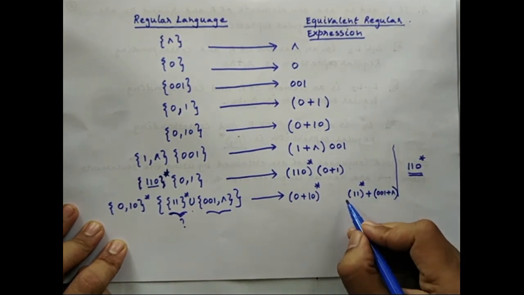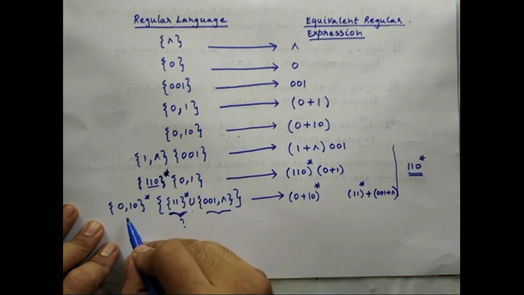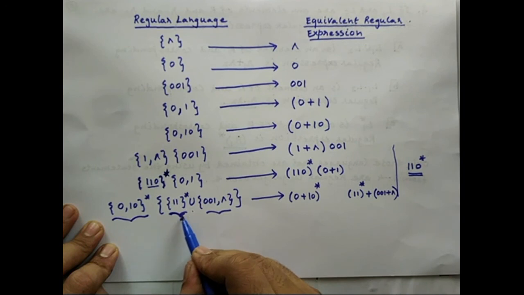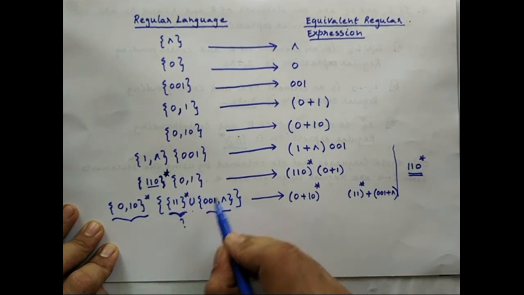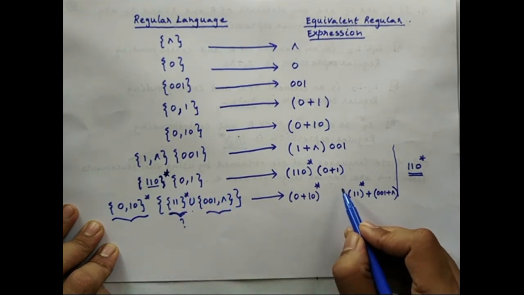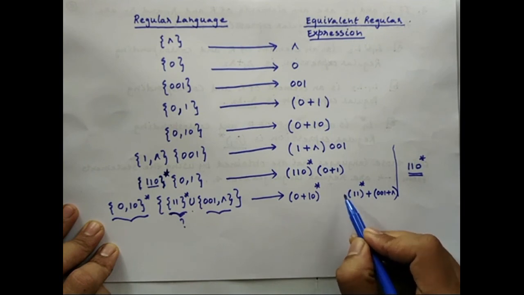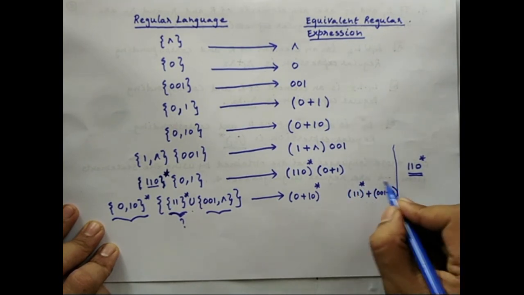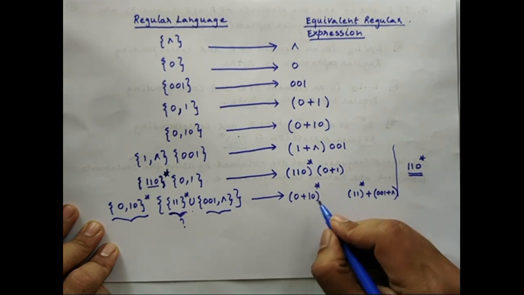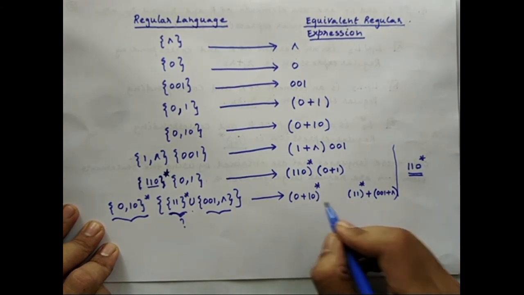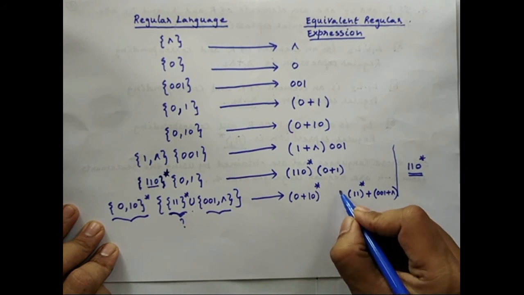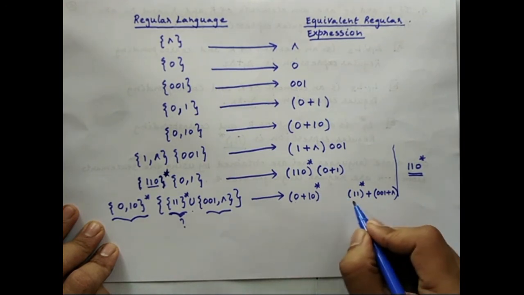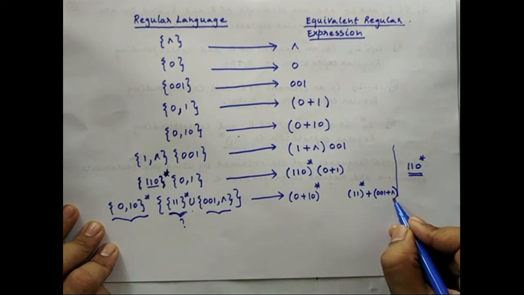Fine. And please note that to this particular result, the entire substring will be appended. So if you don't write a bracket here, then it would mean that the result will be applicable for only one term. So this can be written as either 0 or 10 raised to star followed with this.